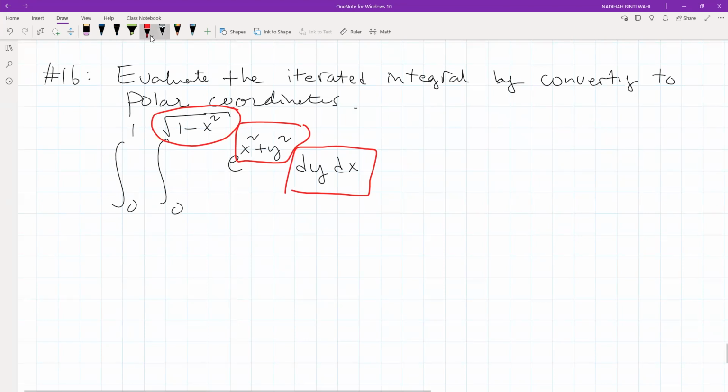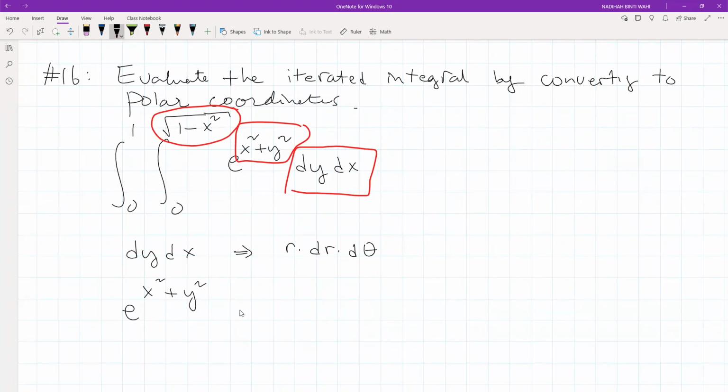Okay. Let's try to do that. So what's dy dx in polar coordinates? This is the easiest to convert. This is just r dr d theta. The exponential of x squared plus y squared: the exponential doesn't change, the function doesn't change, but x and y change.